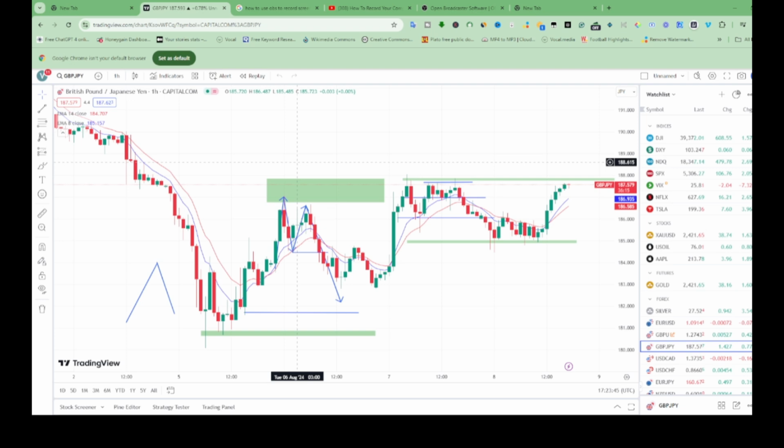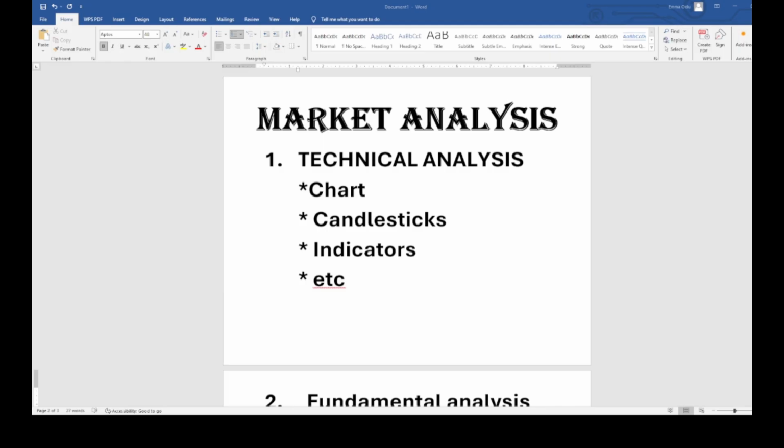We have what we call technical analysis, and we have what we call, okay, let me leave the second one till we get there.